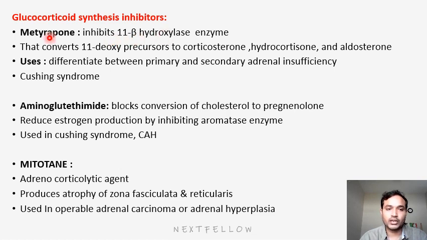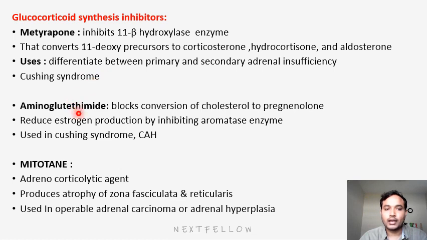Metyrapone inhibits 11 beta hydroxylase, which converts the 11-deoxy precursors to cortisol, corticosterone and aldosterone. So the uses will be to differentiate between primary and secondary adrenal insufficiency, and Cushing syndrome.